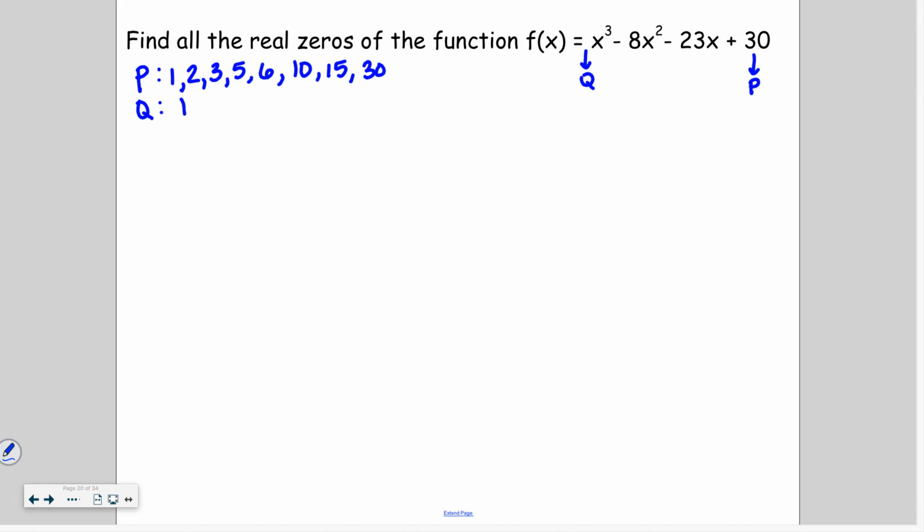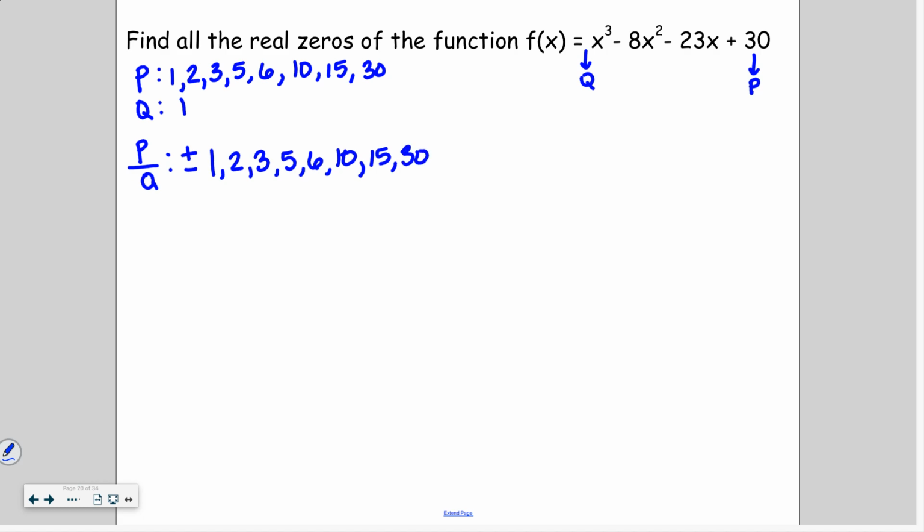And instead of me rewriting all those again over 1, anything over 1, of course, is itself. So P over Q is 1, 2, 3, 5, 6, 10, 15, and 30.